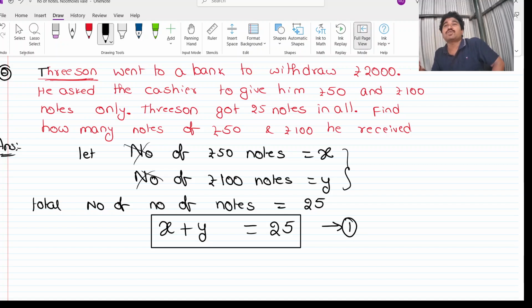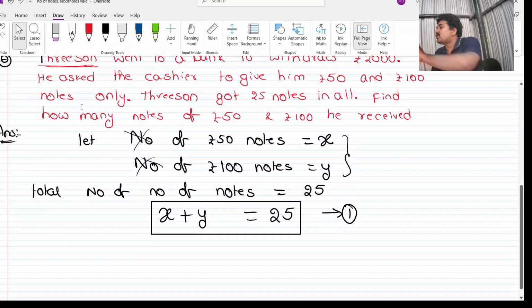Actually, getting two equations is sufficient, right? Yes or no? That is our main aim. Now observe very carefully. Total how much money did he get? 2000. Yes or no? How many 50 rupee notes did he get? X. How many 100 rupee notes did he get? Y. For example, stand up Sai Aditya.